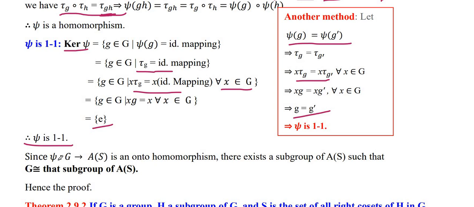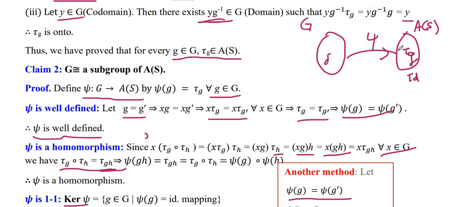Now since psi from G to A of S is an onto homomorphism, we can always find a subgroup of A of S such that G will be isomorphic to that subgroup of A of S. An obvious one will be psi of G, because psi is a homomorphism, G is a group, means psi of G will be a subgroup of A of S. So that subgroup, we can have it as psi of G also.